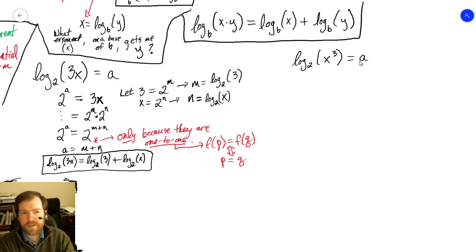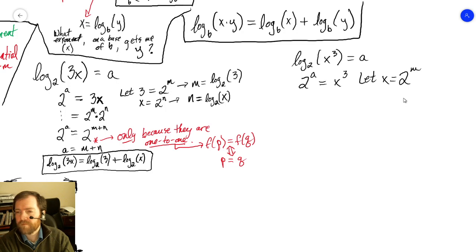Once we do that, we can say that, okay, well, if we rearrange this, this is 2 to the a is equal to x to the third, and we're going to let x be of the form, again, 2 to the m. If we do that, then this is 2 to the a is equal to 2 to the m parentheses to the third, and now you're able to multiply your exponents together.